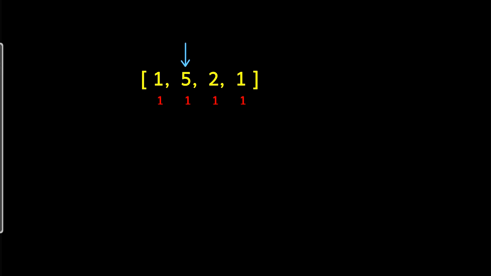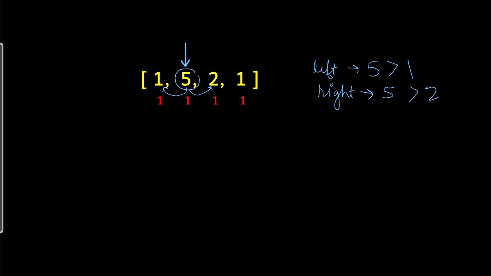Then for the next child we will compare 5 with 1 as well as right neighbor 2. So when I compare with left child rating, 5 is greater than 1. Then we will compare with the right neighbor. 5 is also greater than 2. So this time 5 rating is greater than left child rating as well as right child rating.